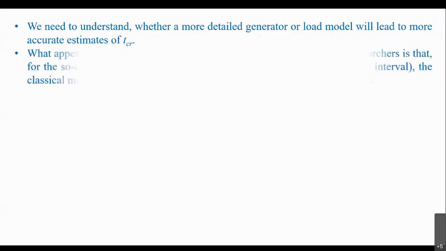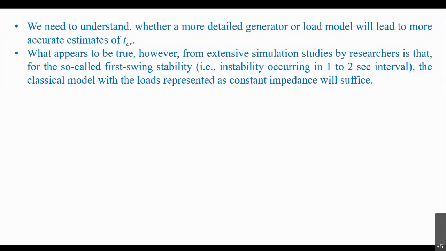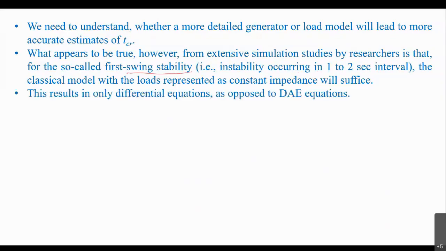In the literature, many researchers have studied this, and it is found that for the so-called first swing stability, that is instability occurring in a 1 to 2 second interval, the classical model with the load represented as constant impedance will be sufficient.